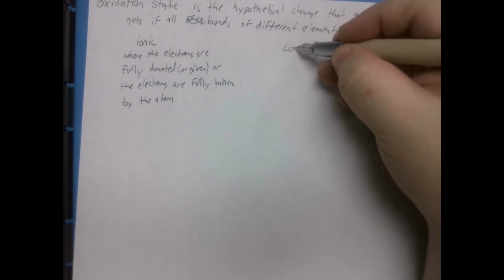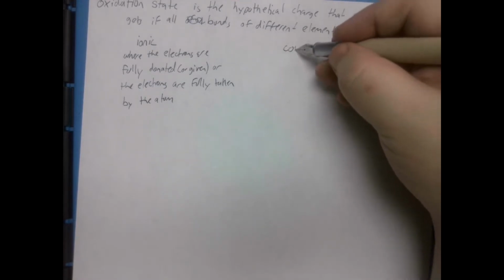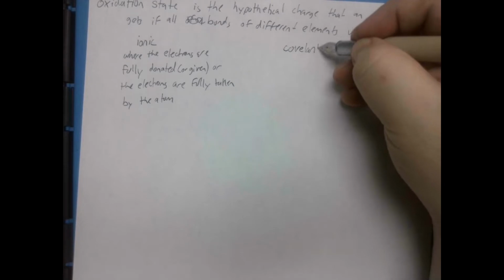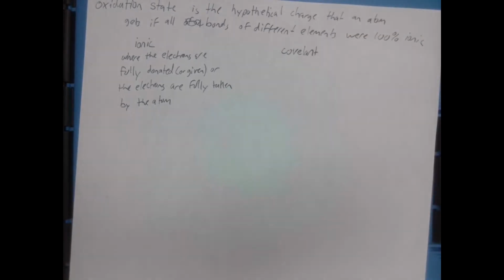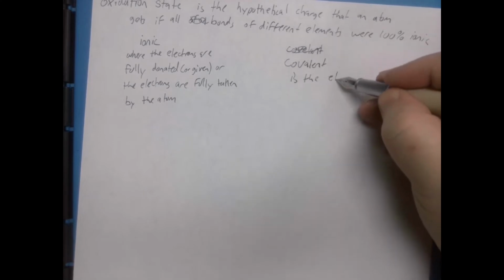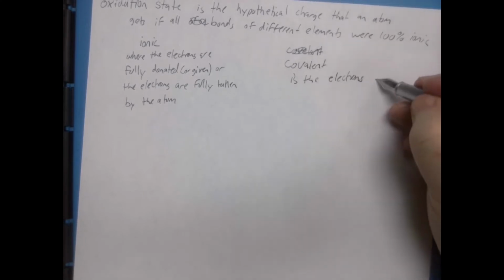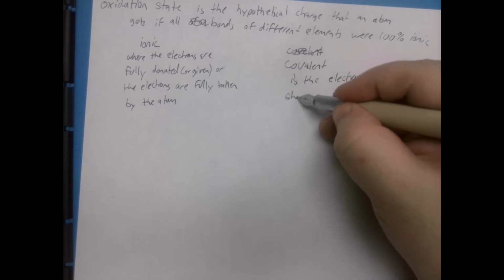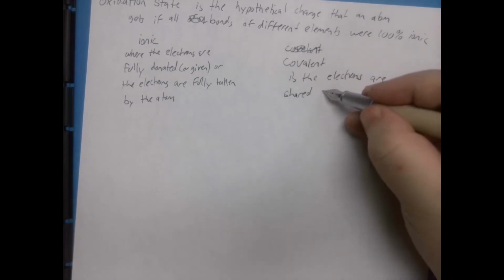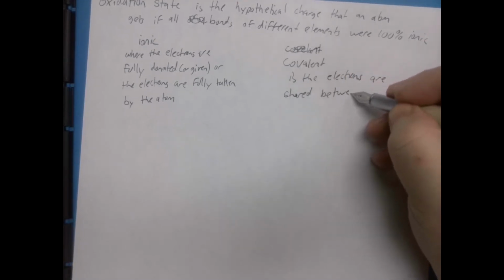Covalent is where the electrons are shared. And I'm probably misspelling covalent. Covalent is where the electrons are shared between multiple atoms.